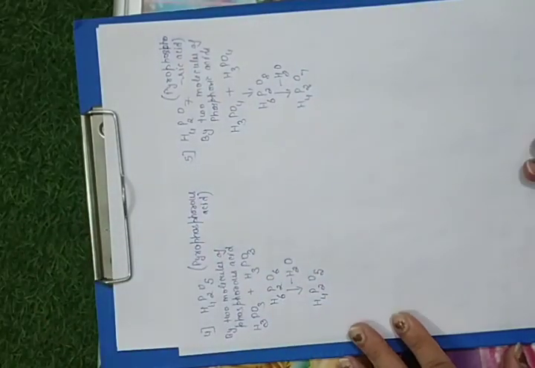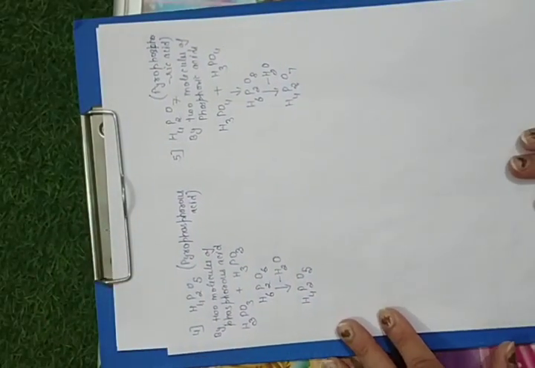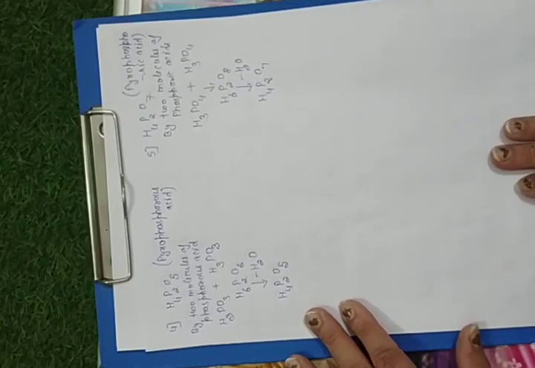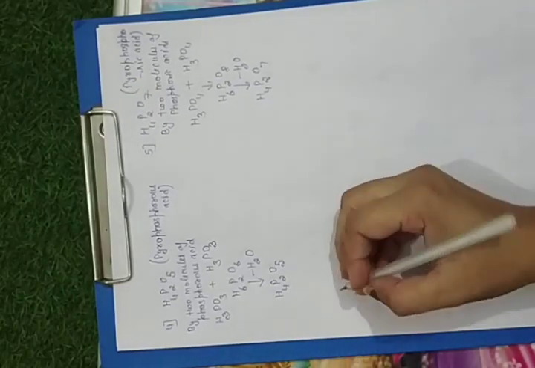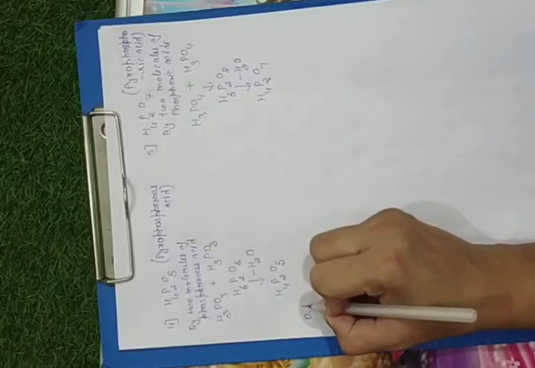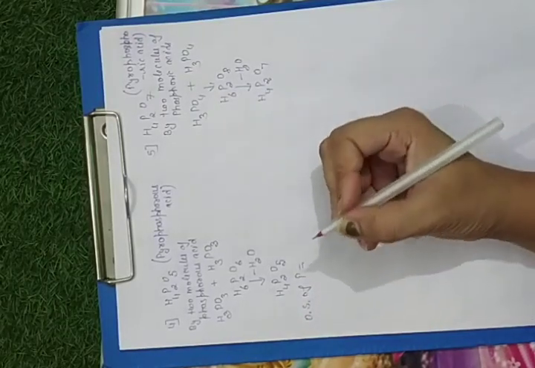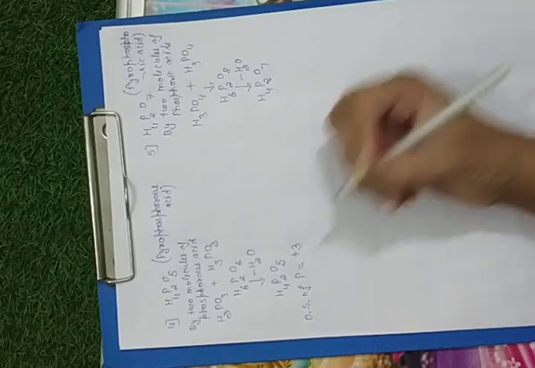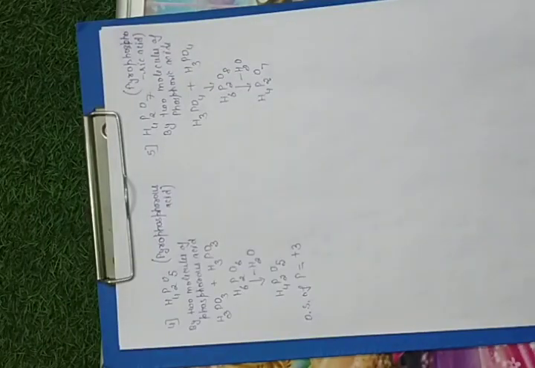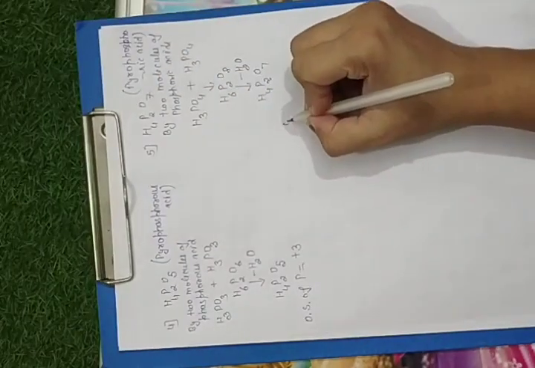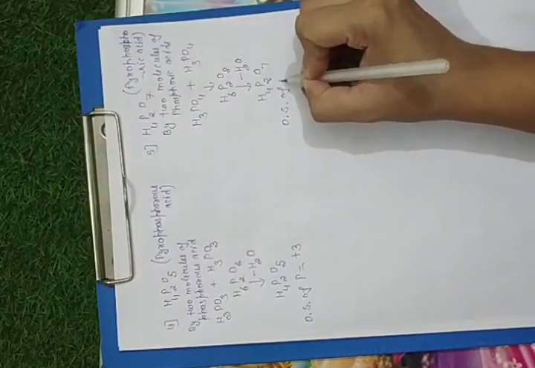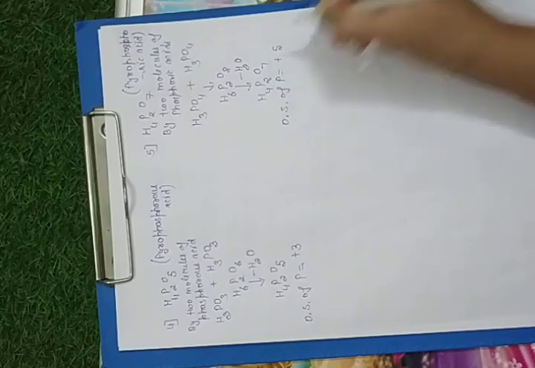It is pyrophosphoric acid. Now if you calculate the oxidation state of phosphorus here, then it becomes +3, same as present in orthophosphorus acid. Okay, and in case of this one, it is the same as of phosphorus in phosphoric acid.